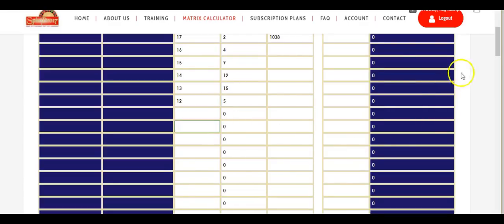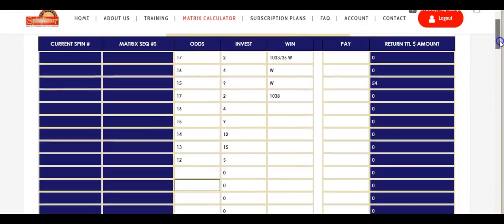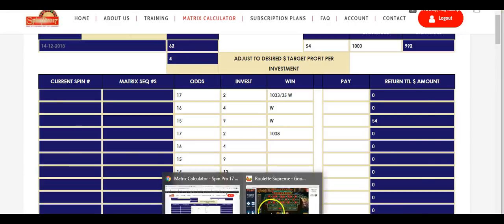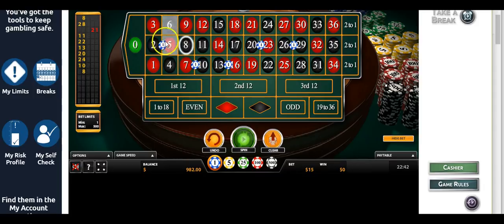Now remember, this is based on the target per spin. Had this been 3 or 2, these numbers would be different. This would not be 4 and we're adding an extra 1. It may have been 3. Had it been 5 or 6, this would be a little bit higher. Okay, so we're going to do 5 on each.